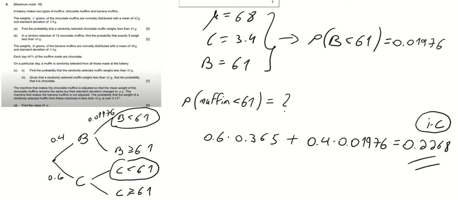So this was one path, and the probability here was 0.365. So these are the two paths that lead to the requested event.